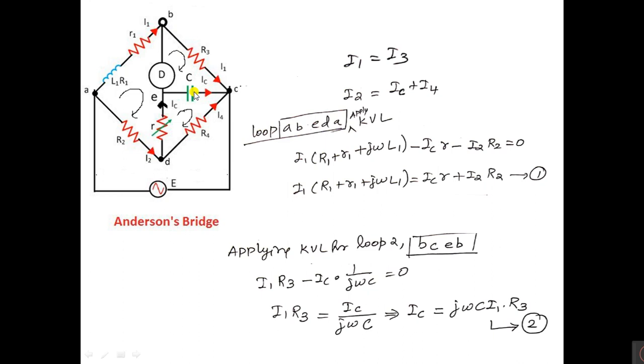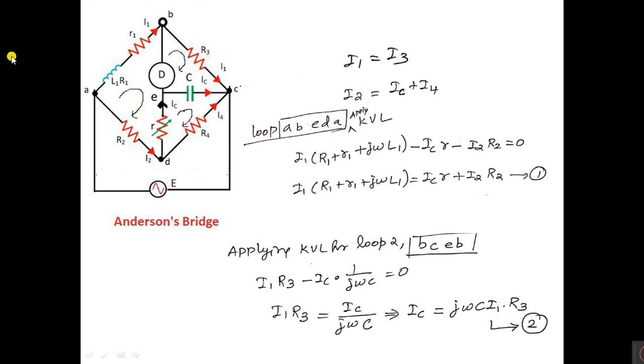This is the circuit diagram of the Anderson bridge. Here arm 1 consists of inductance L1 in series with the equivalent resistance r1, and this L1 and r1 are connected in series with the unknown inductance. Then a resistance R3 is connected in arm 3.